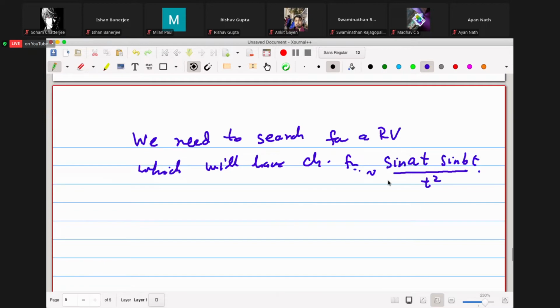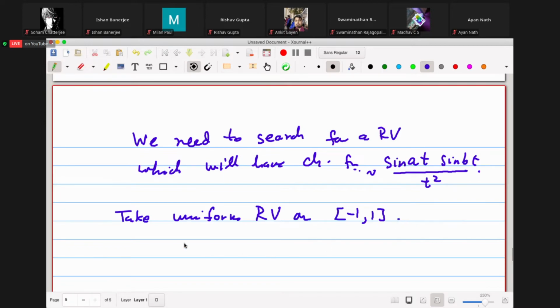Notice that this is only a real valued function. So that already indicates that we should look for something symmetrical. I know this already, but you can try the following. Take a uniform random variable on some interval. Actually, one should experiment with it. Minus 1 to 1 is the simplest thing.